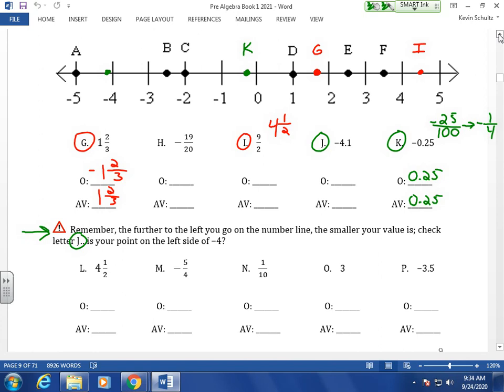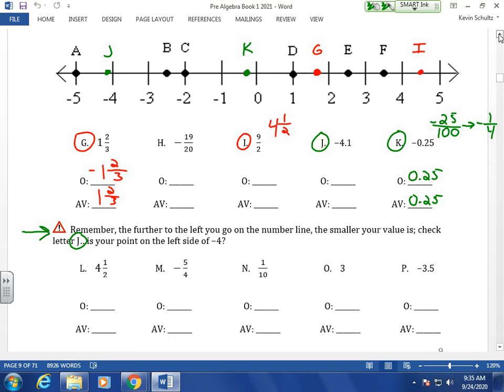The left, right? Because it's beyond negative 4. It's negative 4 and then 0.1. The dot on the right here is actually at negative 3.9, approximately. It's not quite to negative 4. So just make sure that you are putting your points on the correct side of whichever integer it's closest to.